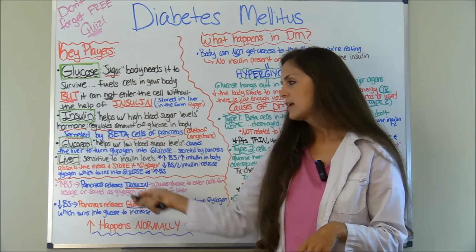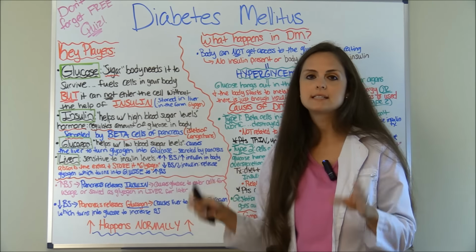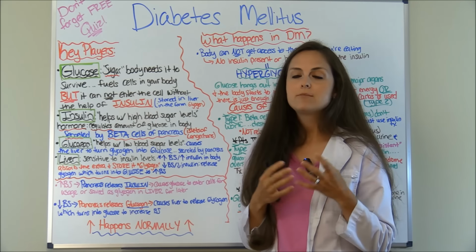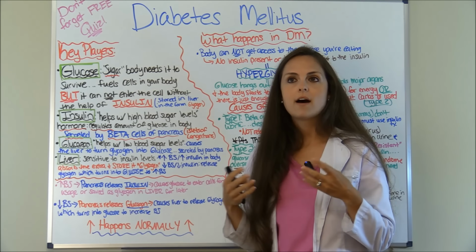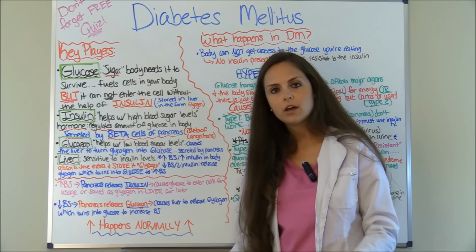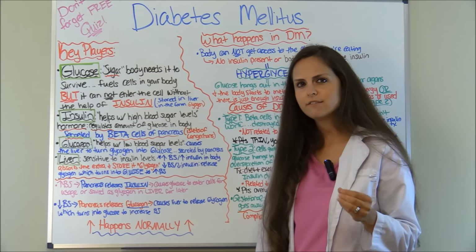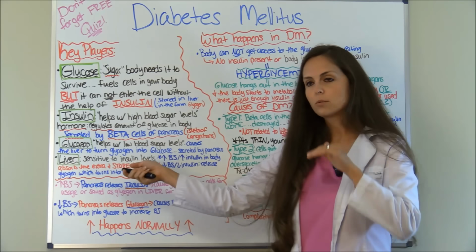Now the liver, that's our last key player. The liver is very sensitive to insulin levels in your body. Whenever it senses that you have too high insulin levels and high blood sugar levels, it starts doing its job. But if you have low insulin levels and low blood sugar, it also helps with that. So it's very vital in helping us keep those levels nice and normal.